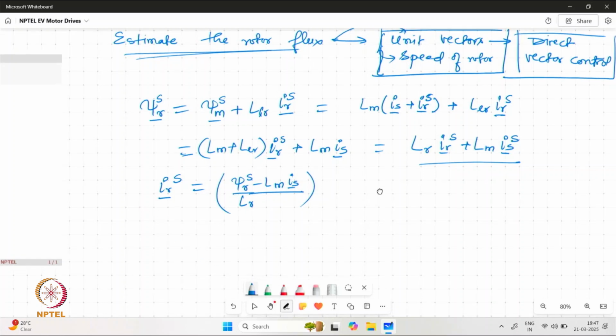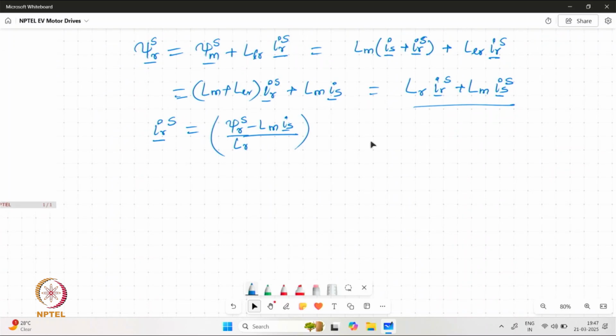Now we can write the value of stator flux, which after this kind of rearrangement can be written as Ls Is plus Lm Ir in the stator frame. So here all the equations we are trying to write in the stator frame of reference.